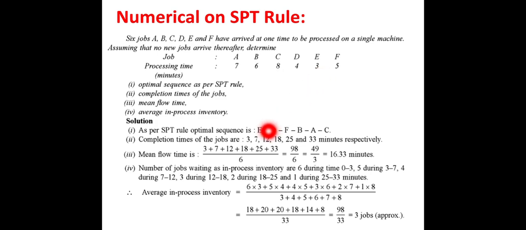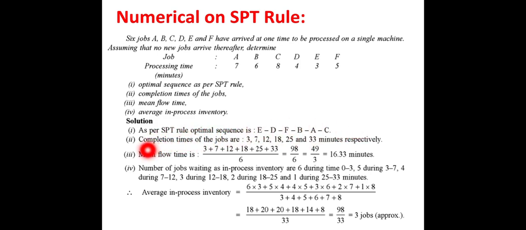So E is sequenced first, followed by the next shortest time, that is D, which is sequenced next, and 5, that is F, is sequenced next, and B, which is 6, is sequenced next, followed by A and C. So 3, 4, 5, 6, 7, 8. These are the processing times in increasing order, and the sequence is done according to that rule.